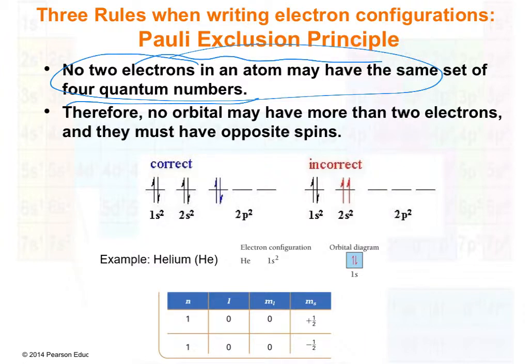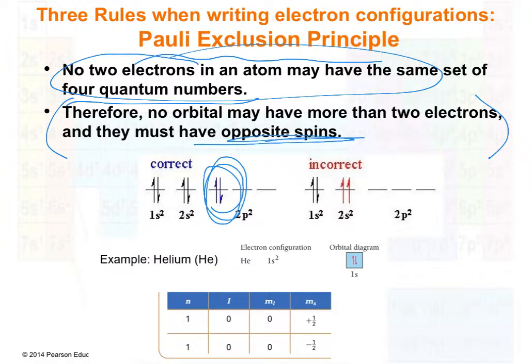Every electron in an atom has its own unique location and energy, and that's represented by its unique 4 quantum numbers. A simpler way to look at the Pauli exclusion principle is that if 2 electrons are in the same orbital, they must have opposite spin.